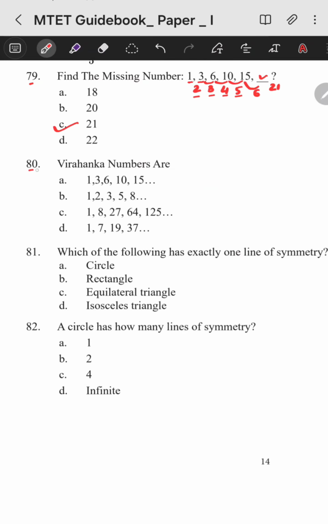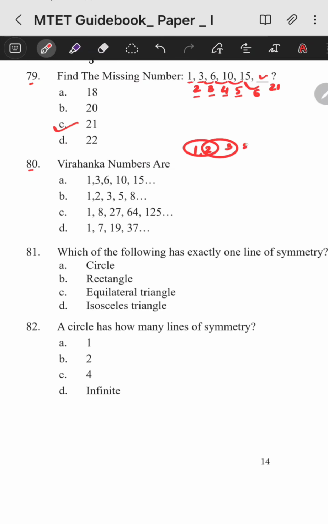Next question number 80, they ask here about Fibonacci numbers. So first of all, I will discuss what Fibonacci numbers are. That means if it is 1, the next will be 2. Now add these 2 numbers, it will become 3. Next, these 2 numbers you have to add, 2 and 3.